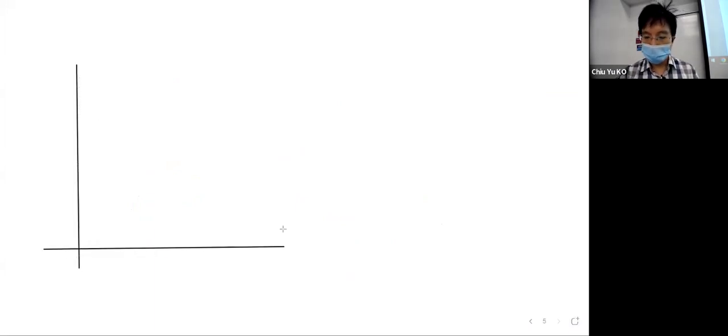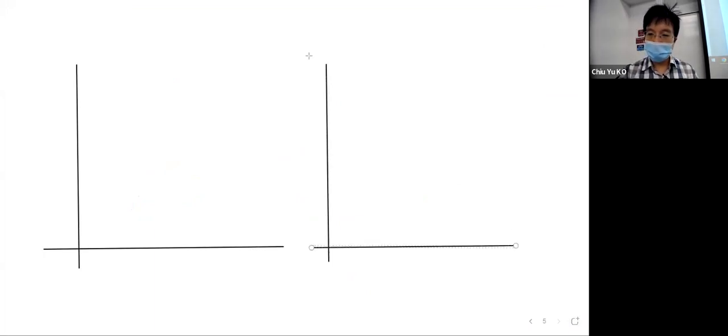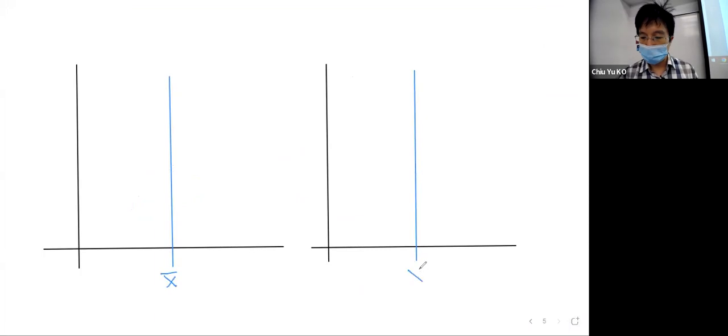So let's compare two different cases. Again, we have X bar here, X bar here. Now we are saying that one has less variance, one has more variance.